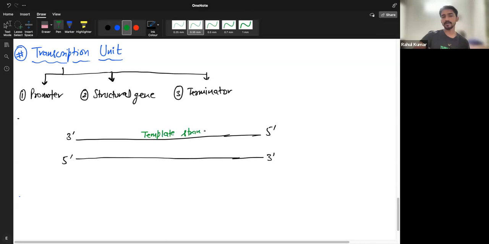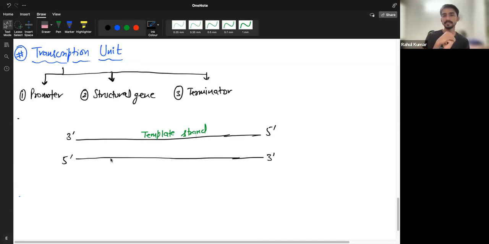Why is it called the template strand? Can anyone guess? What does the word template mean? Quickly. Template means something which provides a base for any enzyme to sit there and work. Like in the case of replication, both the parental strands were called template strands, right?